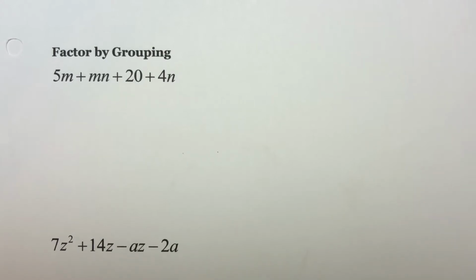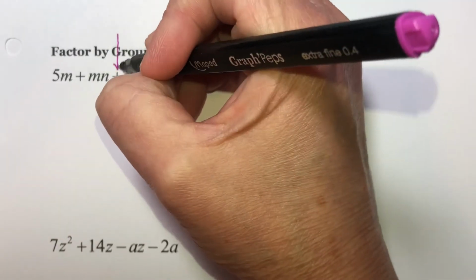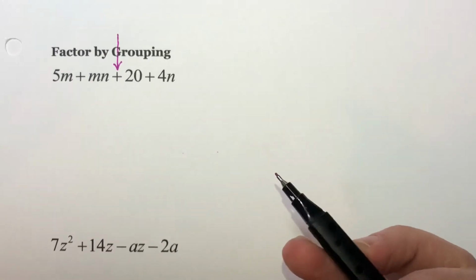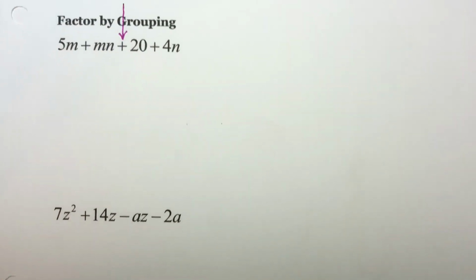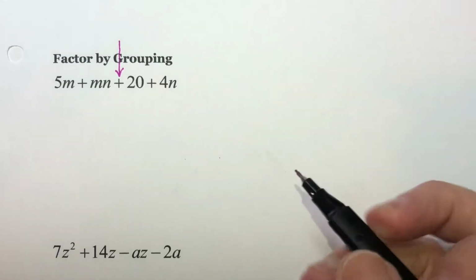The first thing that you want to do is to make sure that you have a plus sign in the middle. Now there are 2 ways you can fix that if you don't, like we're not going to here. We can either move things around, switch things around so that we do have that, or we can change a minus sign into plus a negative.